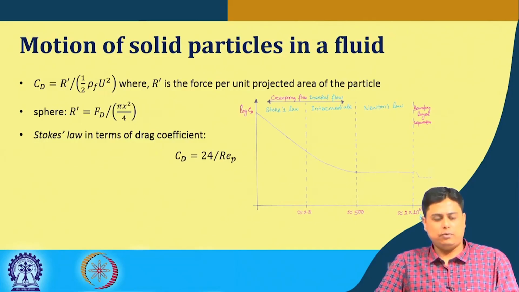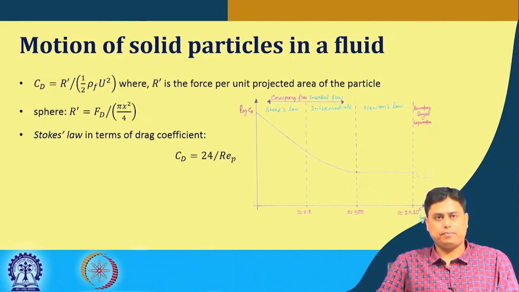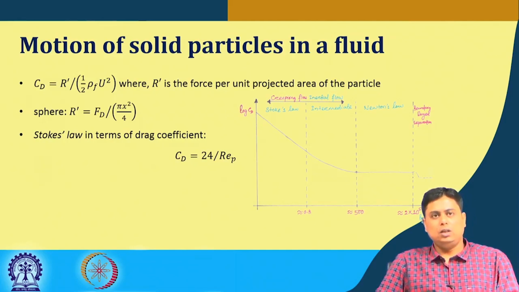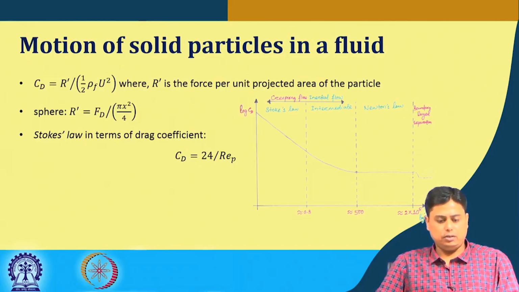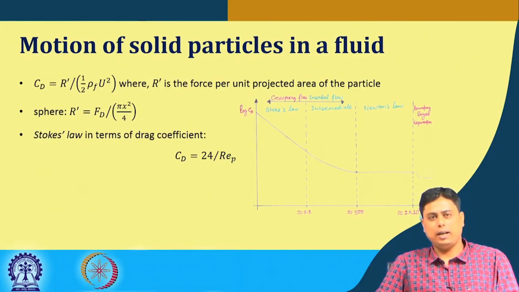For a sphere, the drag force, or R prime here, is basically the overall drag force Fd divided by its surface area. So, in Stokes' law, in terms of drag coefficient, this CD is basically 24 by Rep.